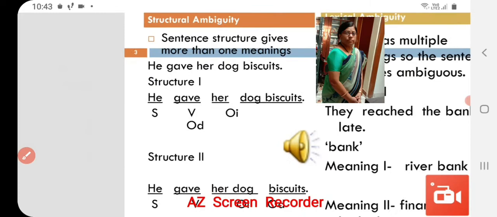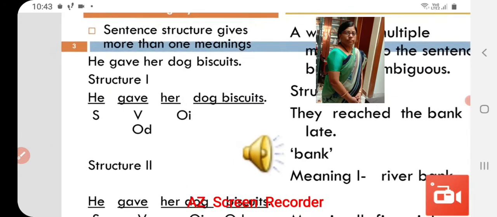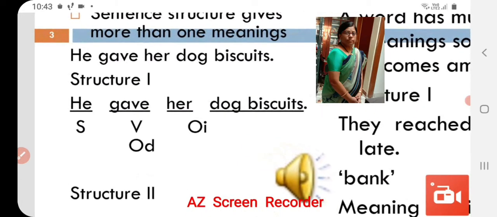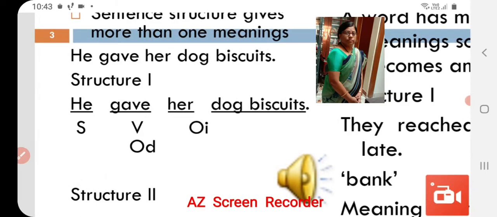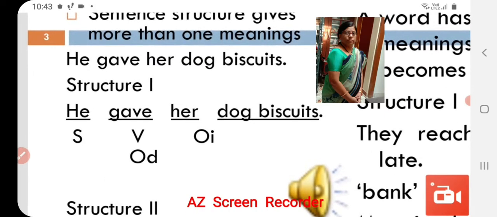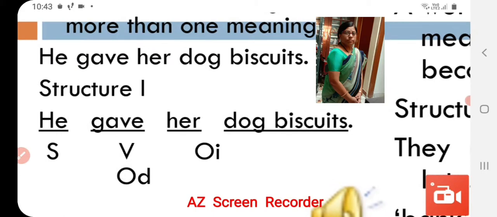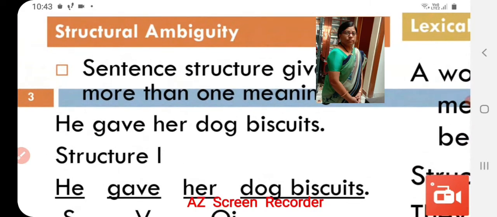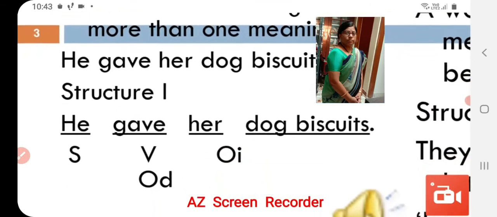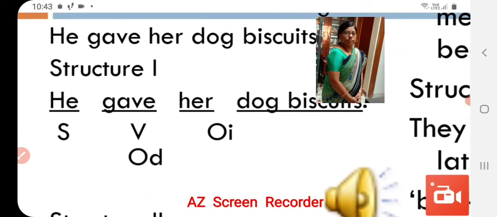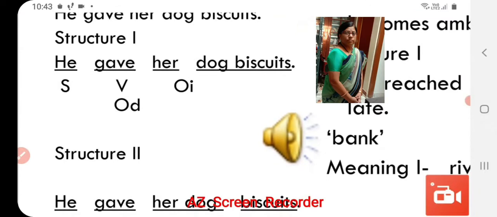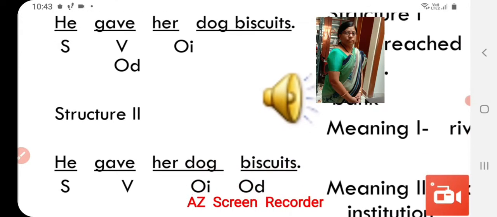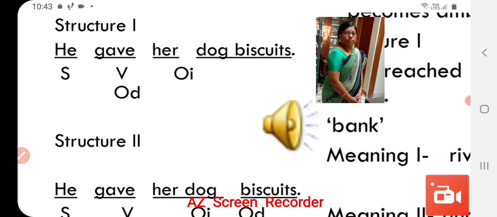For example, now let us see the structural ambiguity. Here the sentence is, he gave her dog biscuits. Now let us see what kind of ambiguity is created because of different structural analysis of this sentence.